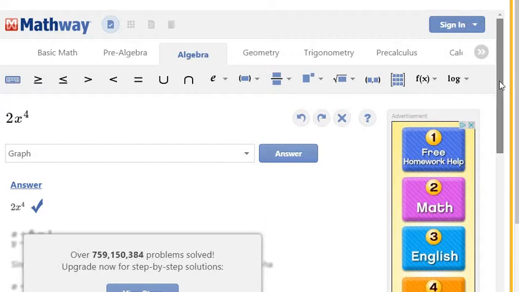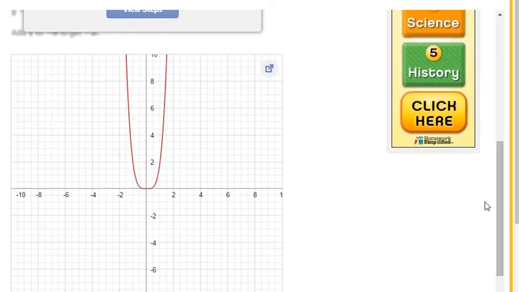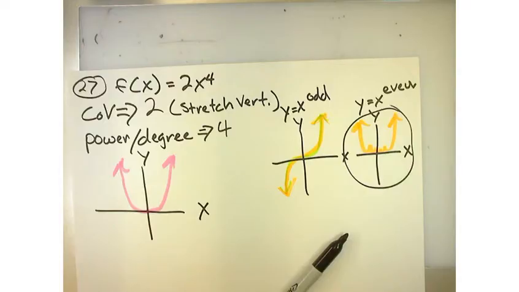And if I slide down a little bit, there's my graph, just like Mr. Adams said. It looks like a parabola, but because it's a 4th degree polynomial, it takes a little longer to grow. So I'll get something like this.